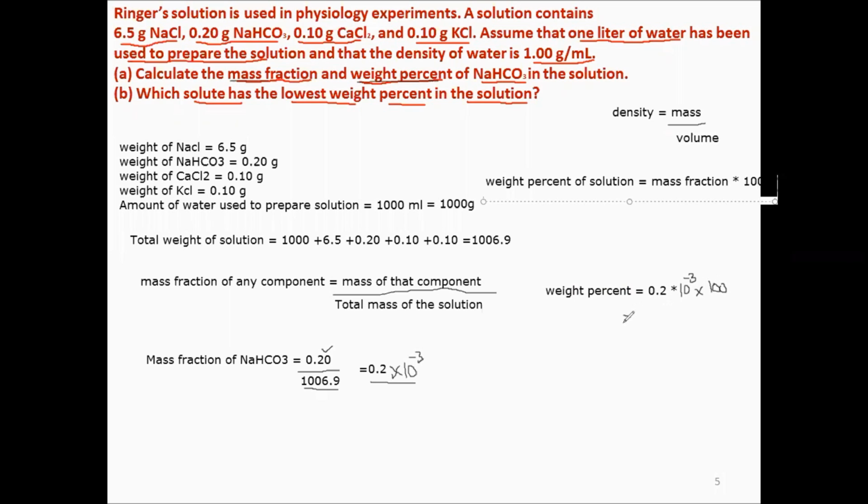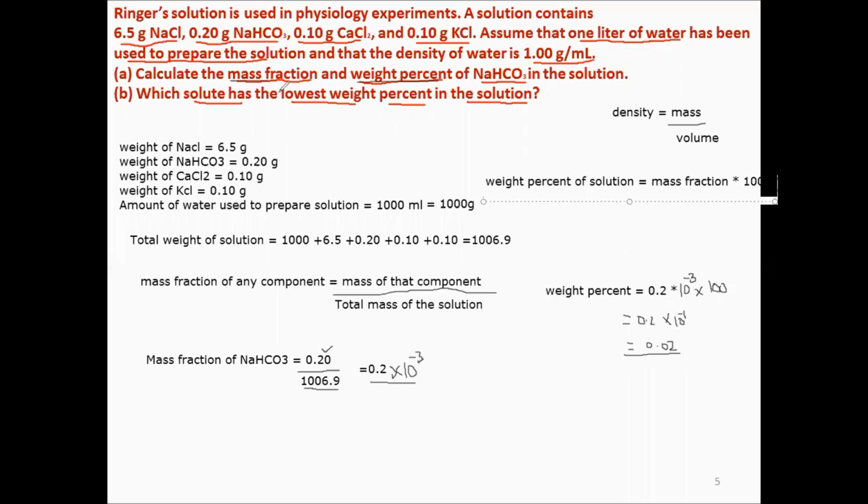It will come out to be 0.2 into 10 raised to the power minus 1, or we can write 0.02. So this is the weight percent of sodium bicarbonate in the solution.